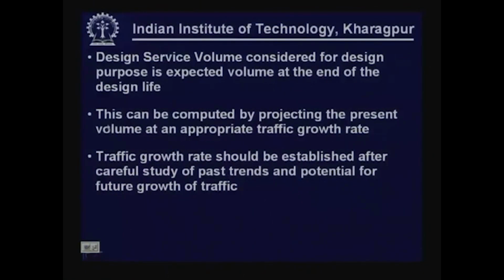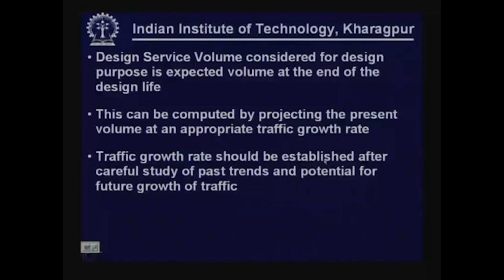Obviously, the projected or forecasted traffic can be computed by projecting the present volume at an appropriate traffic growth rate. So, we take the present volume, estimate the ADT, the average daily traffic, taking into consideration the seasonal variation. We estimate the annual average daily traffic and use suitable growth factors to project this base year or current year traffic to the forecasted traffic at the end of the design period.